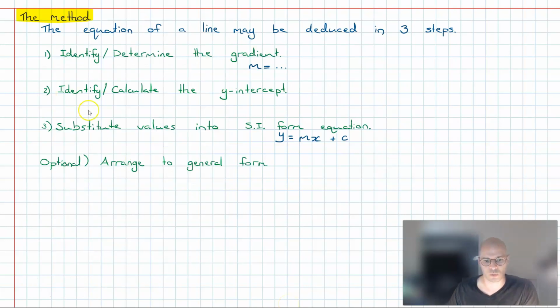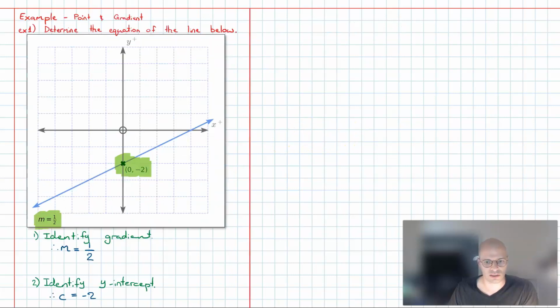Now third step, we put it all together. We get our m and our c and we substitute it into the slope-intercept form equation. To do this, I'm going to be a little bit verbose, and I'll write out y equals mx plus c.